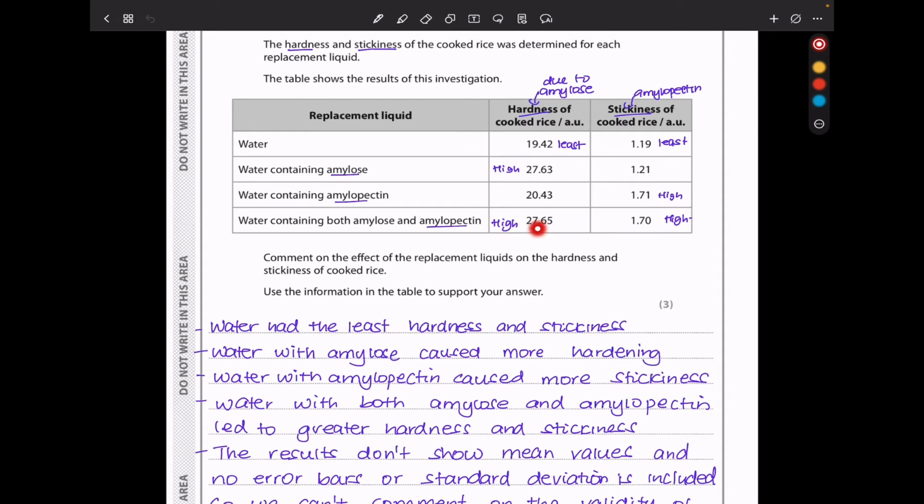So we can conclude that amylose is responsible for hardness. We also see stickiness is going to be higher in water containing amylopectin as well as in water containing both amylose and amylopectin. So since we see greater stickiness when amylopectin is present, we can conclude it's responsible for the stickiness. And then of course water has the least for both.